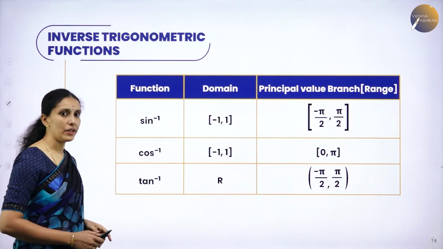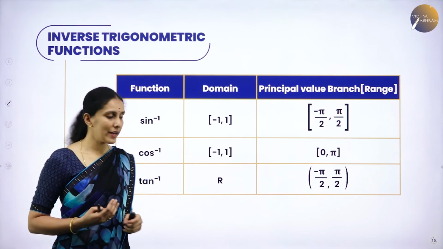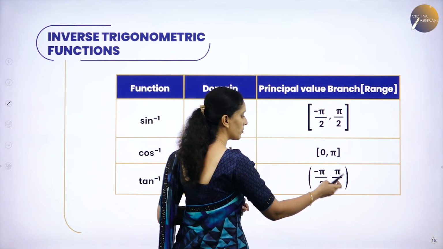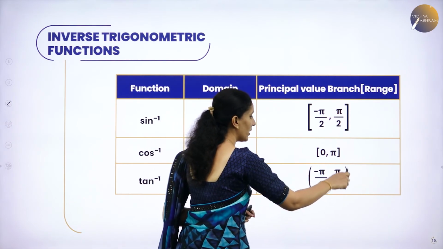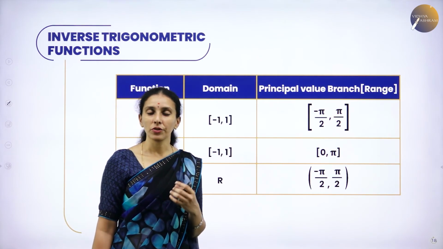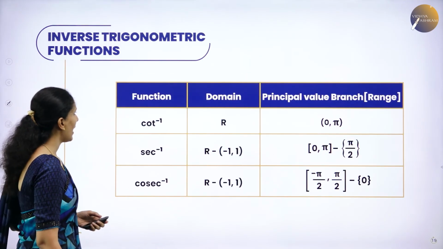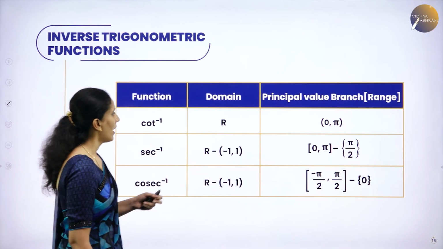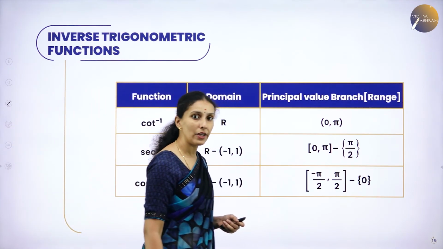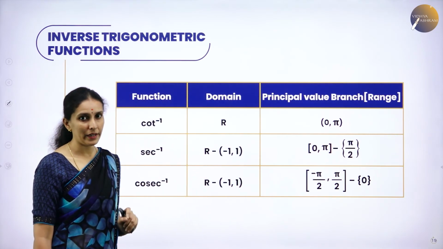Next we have tan inverse. The domain is the set of real numbers and the principal value branch is (-pi by 2, pi by 2). Here you should take an open interval because it is -infinity to +infinity. For cot inverse, the domain is R and the range is (0, pi), within open intervals.